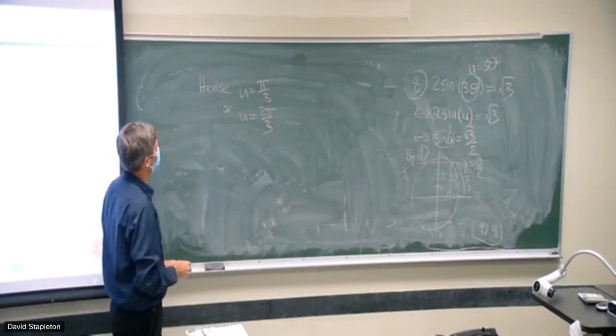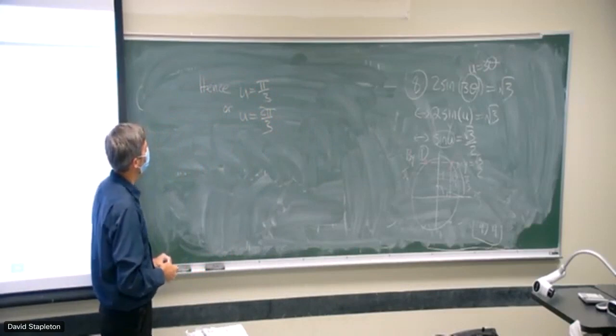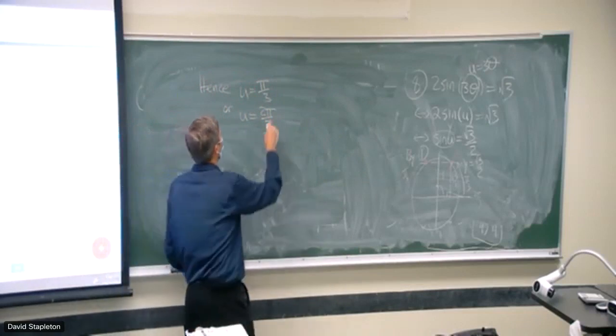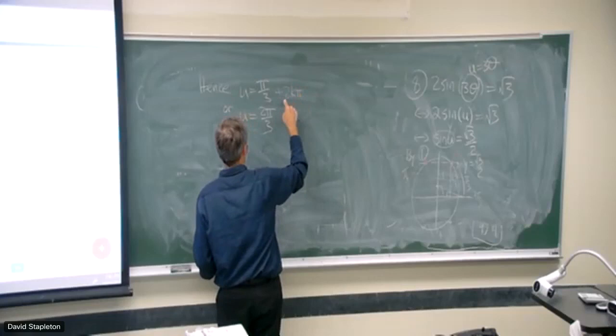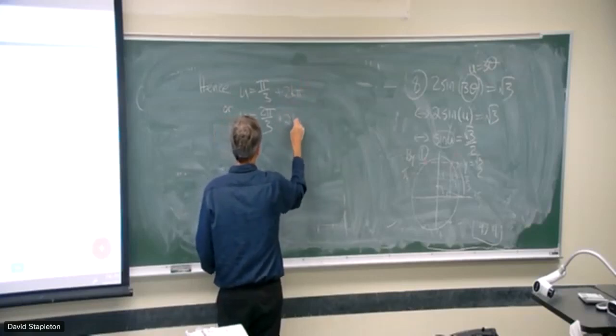But that's not good enough for this problem. How do I get all angles u? Plus 2k pi. 2 pi times k. It's k rotations, if you like. k can be negative too. It can be negative rotation.